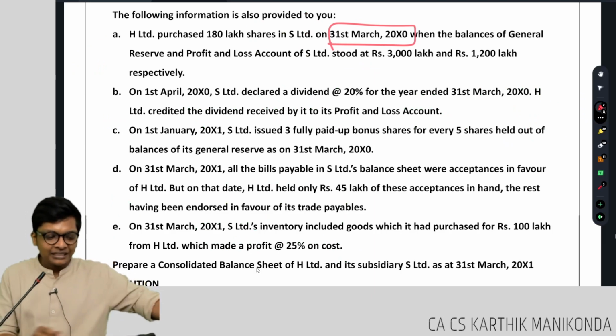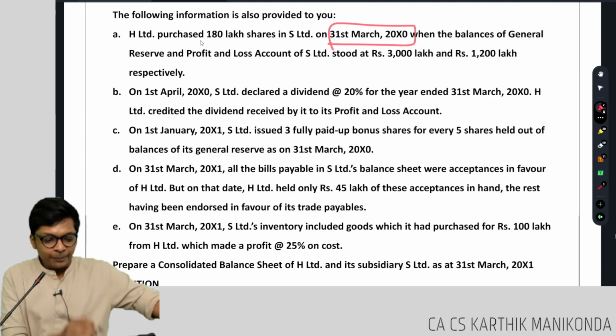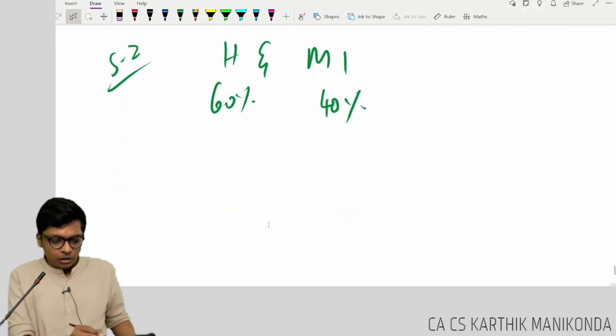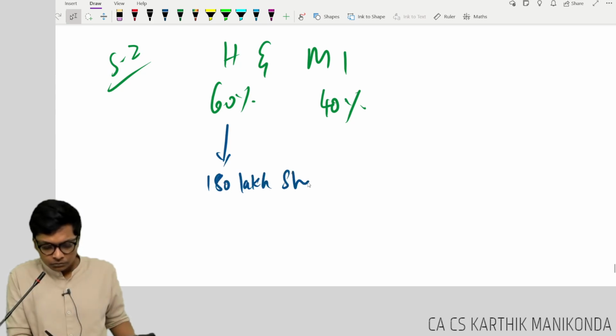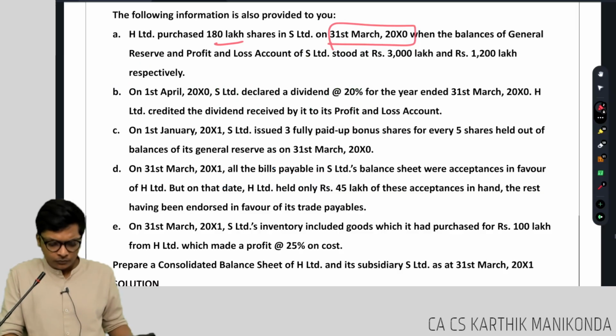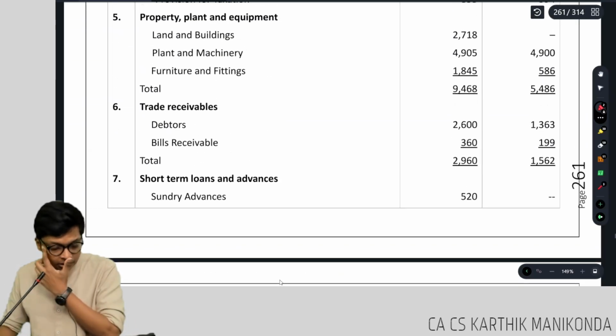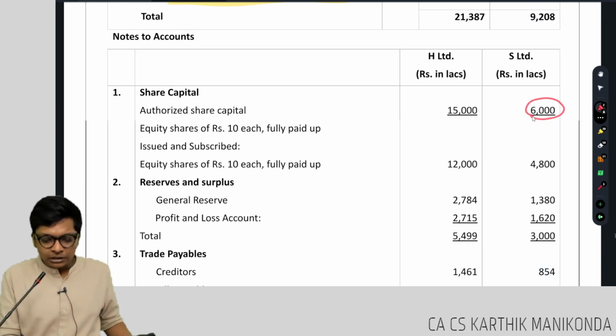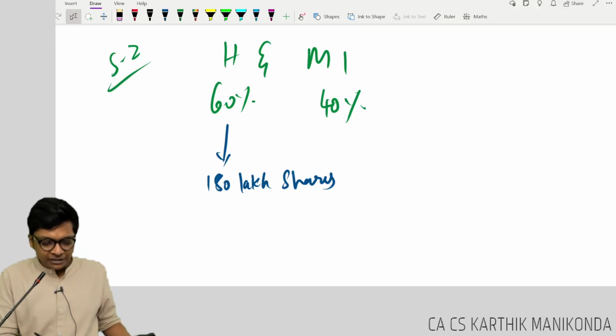Let's look at this. Adjustment 1 says I purchased 180 lakh shares. So if you see, H purchased 180 lakh shares. Out of how much, guys? Subsidiary has 6,000 divided by 10.